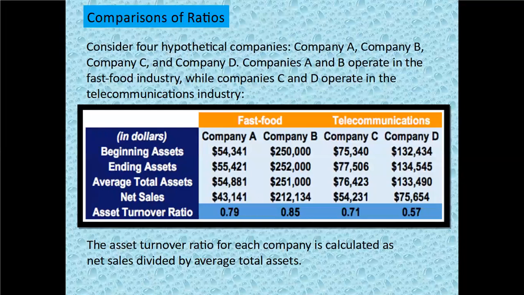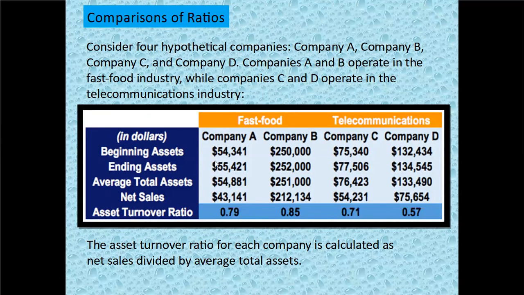And then it depends whether it's a capital intensive sector or a labor intensive sector, which differs a lot. So it's good to just compare companies within the same sector. So here we have fast food and telecommunication, and we compare company A and company B, which come from fast food, and company C and D, which come from telecommunications. But we won't compare company A to company C because they are from totally different sectors, so it won't make sense.